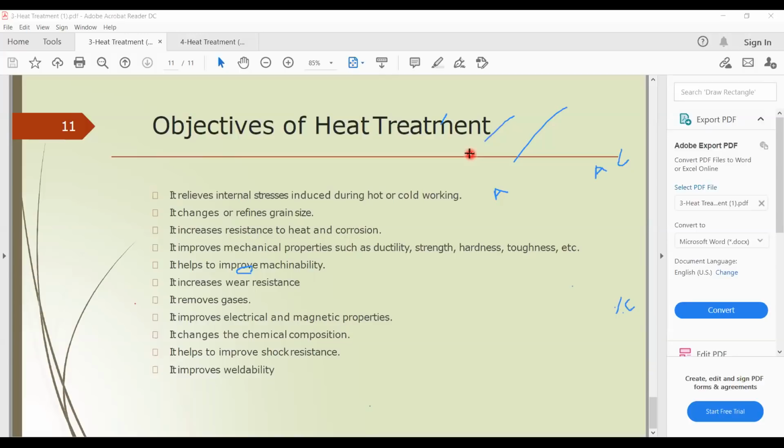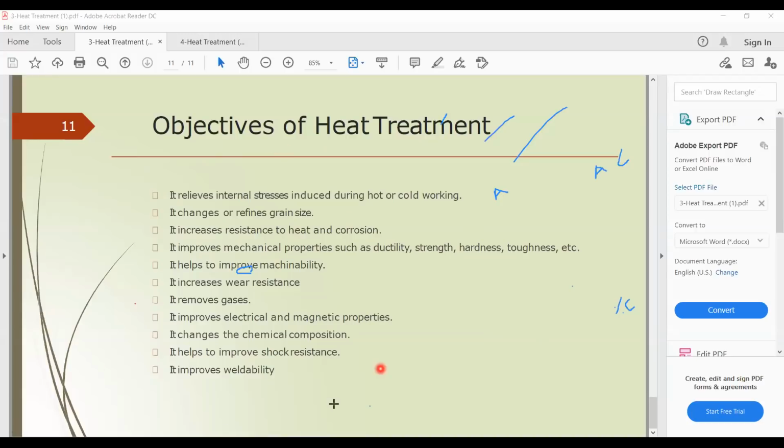Now, using those two things, you can write down the objectives of the heat treatment process: to increase or reduce the resistance, to reduce the ductility or improve the strength. You have to include the words improve, increase, reduce with that physical property, and then you can write down 10 to 15 objectives, right?